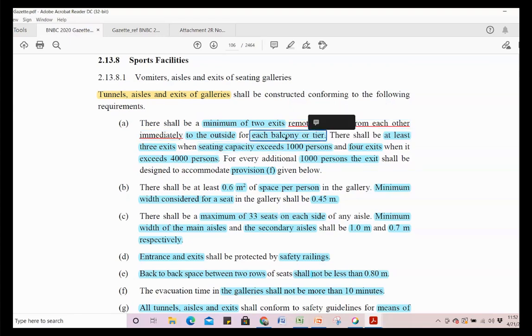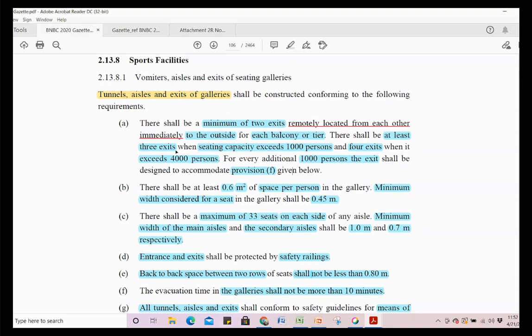So it is mandatory that if there are balcony situations or different tier situations, we need to make sure that there are at least 2 exits from each tier or from each balcony, and that will lead immediately to the outside. So this is an emergency escape provision.